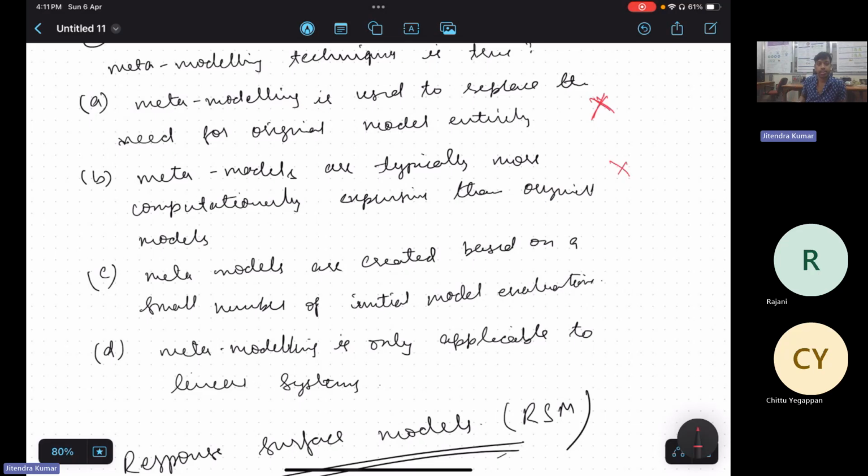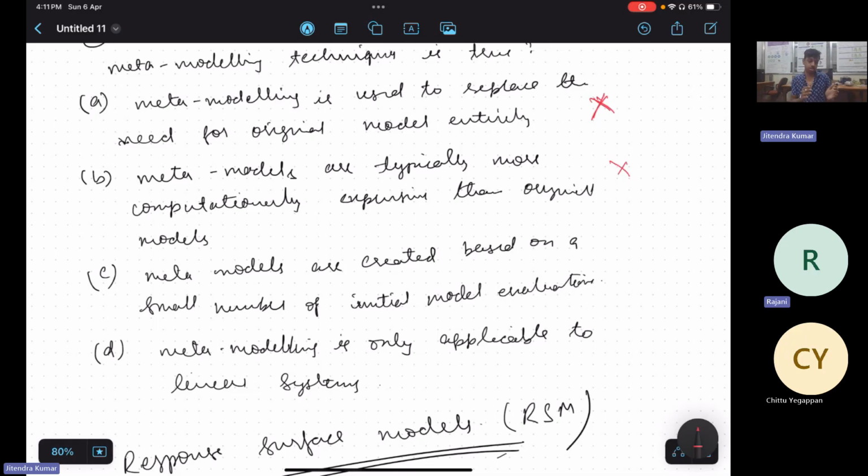What do you think? Sir, I think option C would be appropriate. Yeah. And another thing, I'll explain in terms of data analysis, right? The more data you have, the more accuracy it will give.